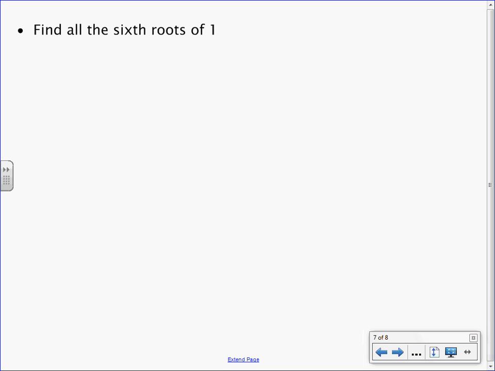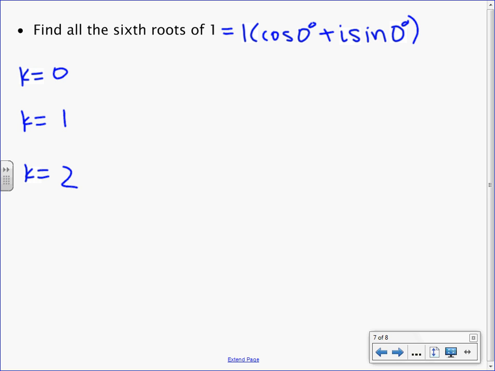So 1 is the same thing as 1 times the cosine of 0 plus i sine of 0. Right? If I'm finding the sixth roots, then I'm finding when k is 0, 1, 2, 3, 4, and 5.